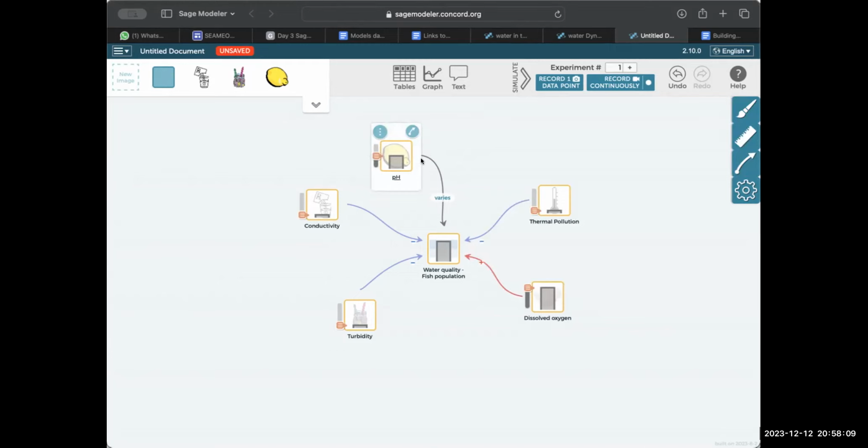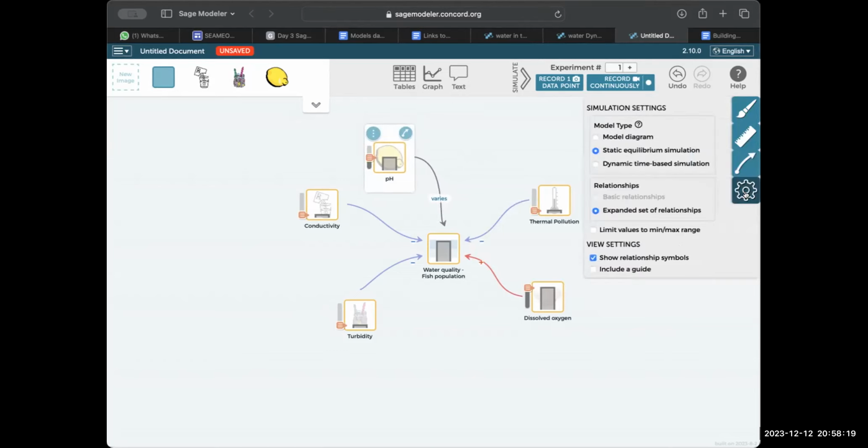But if you go to the settings button, click on it, and see where it says limiting variable, that's what you want to click on. See where it says limiting values? That's where you're going to want to play around with it.